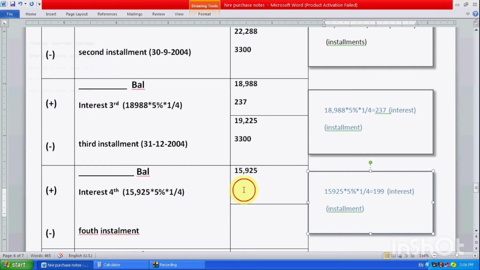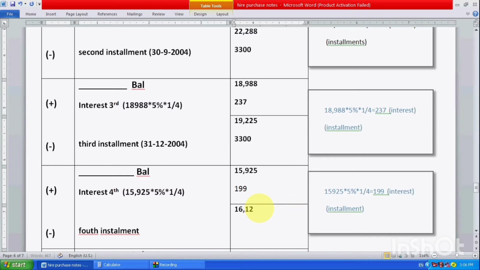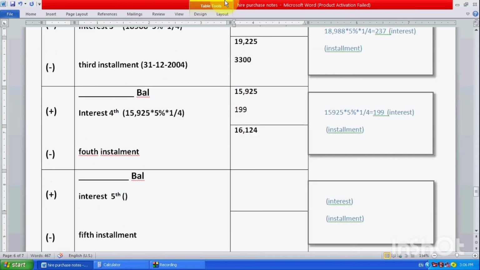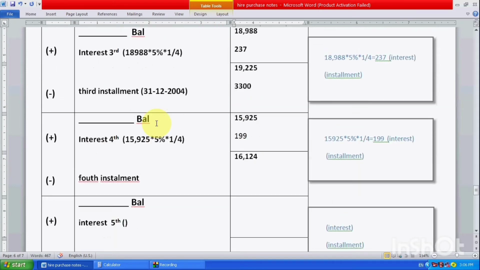See, 199. So the interest is 199. Add this 199 to 15,925 for the balance, so 16,124 we will get.